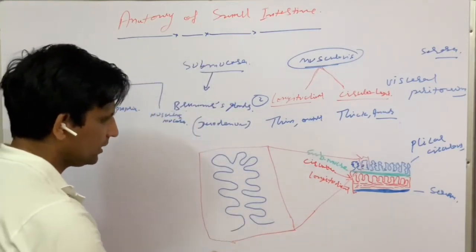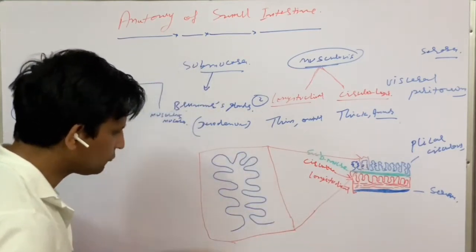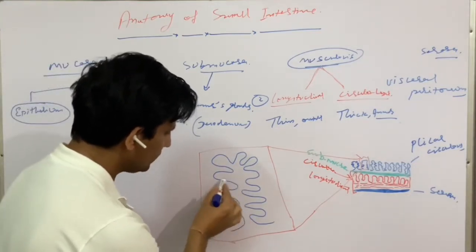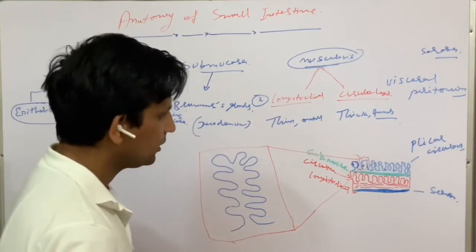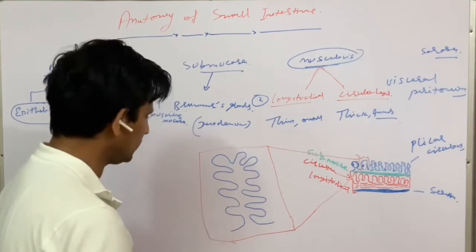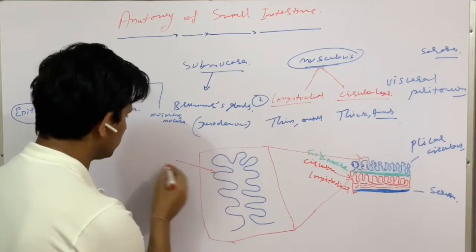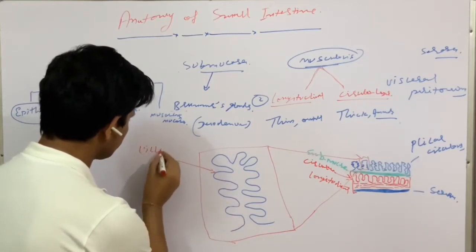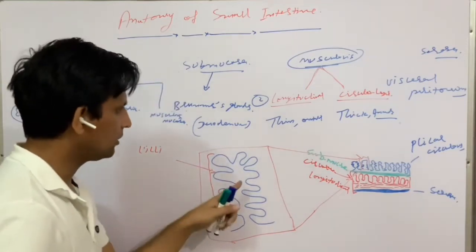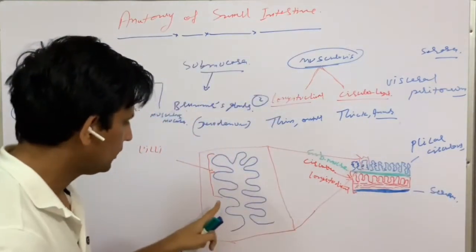This one is a single circular fold, and in this fold there are also some subfolds. These are subfolds of this plica circularis, and these subfolds, or finger-like projections, are termed the villi, or villus. So these are the villi, the finger-like projections on the plica circularis, the circular fold of the epithelium, right?